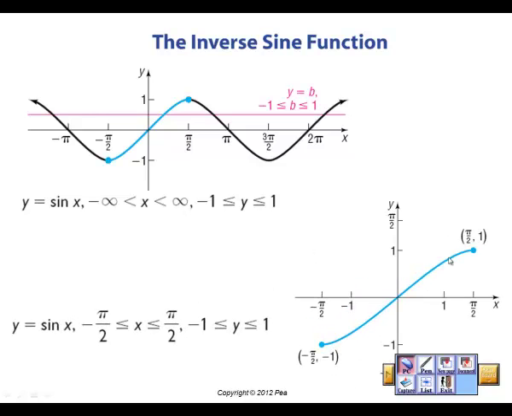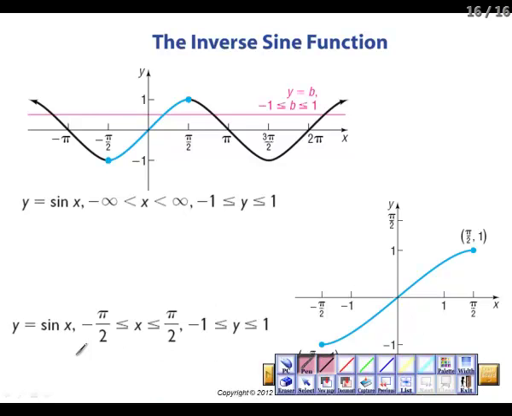Here we've eliminated the other halves, and that gives us this part here. We can see that we're restricting our domain from negative pi over 2 to positive pi over 2.